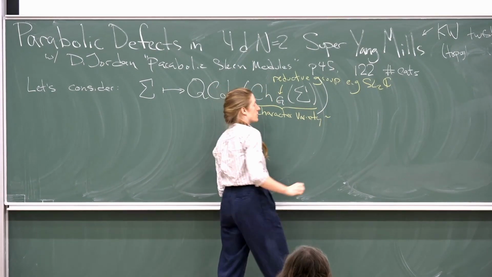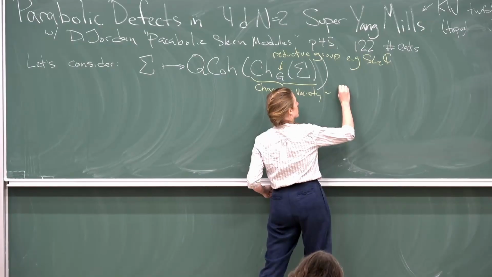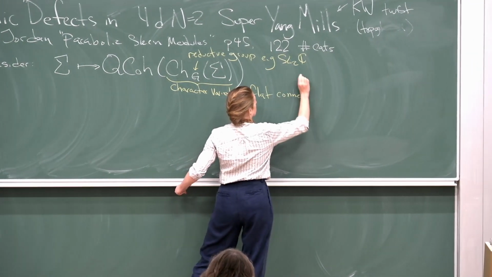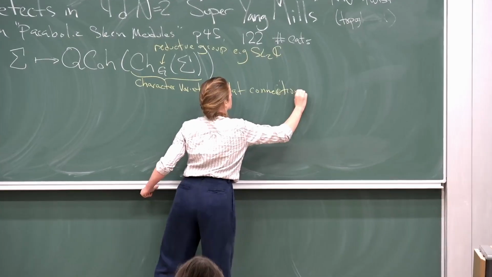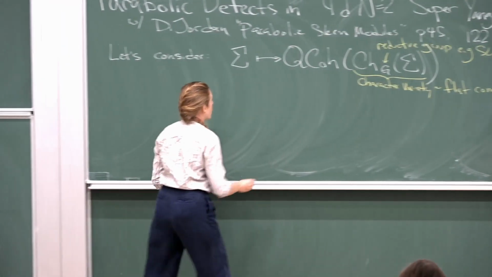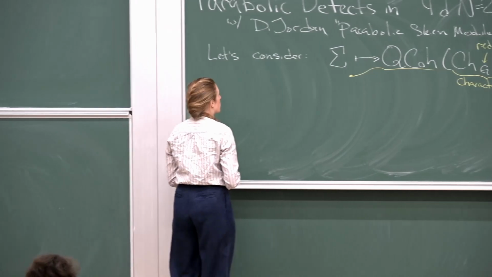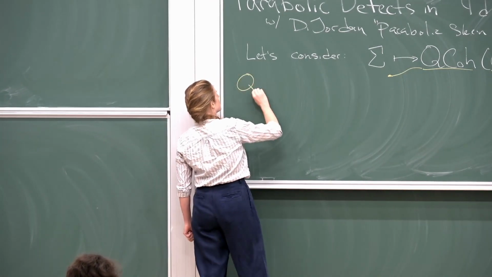And you should think that this has to do with flat connections on my surface. And this part here, which I imagine is the most mysterious, is what's called the category of quasi-coherent sheaves.